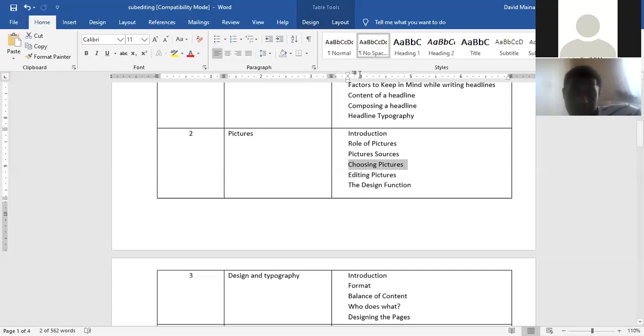You see, I'll have to choose a picture that gives information about the statistics. Like, for example, you can bring the map of Kenya with lines, with indications of the areas that have been affected.